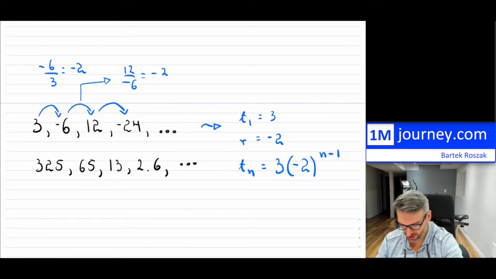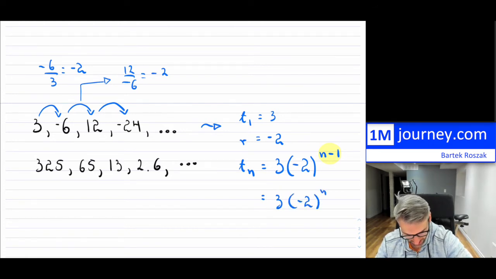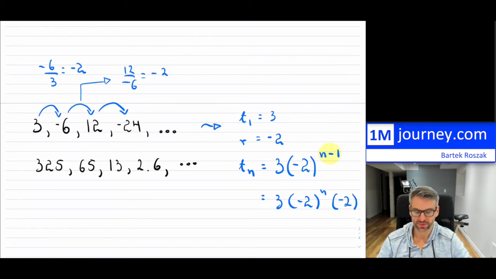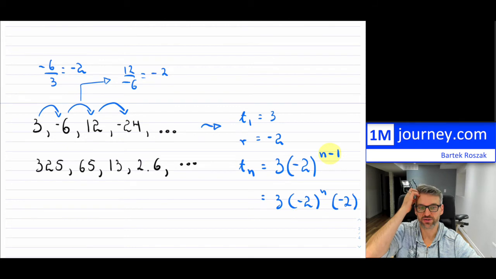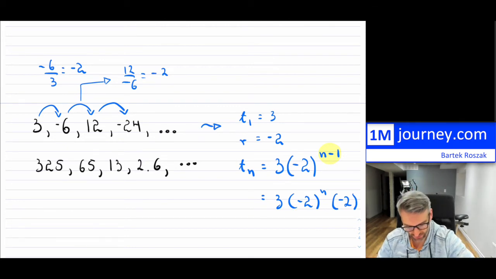Now, sometimes what you will find is not everybody likes to write this n minus 1. So you can use your knowledge of exponents. This is going to be the same thing as saying this, okay? Because of the n minus 1, we're going to put that right there.